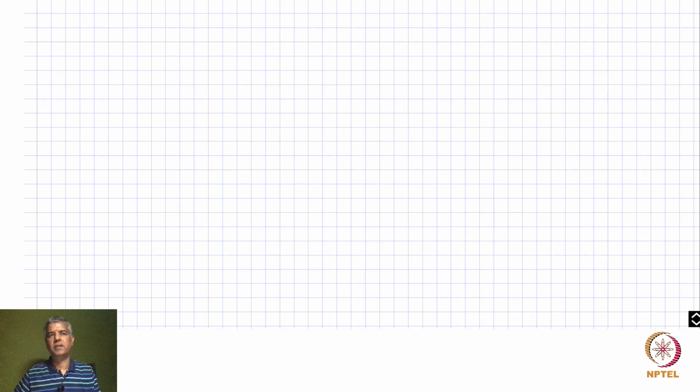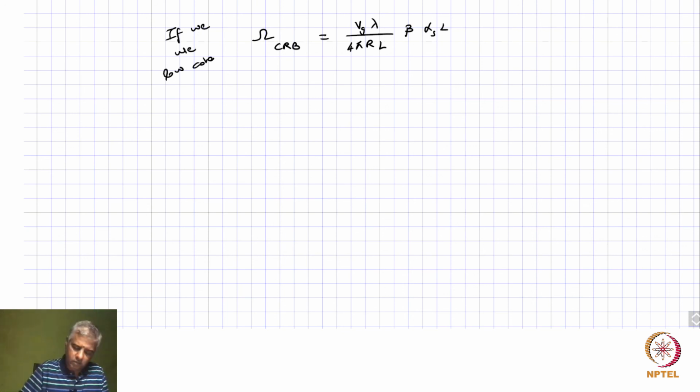So, when we talk about this rotation rate limited by CRB, we talked about Vg lambda over 4 pi R L, beta alpha as L. But now if we use a low coherence source, then the amount of scattering that is relevant is only over LC, right.